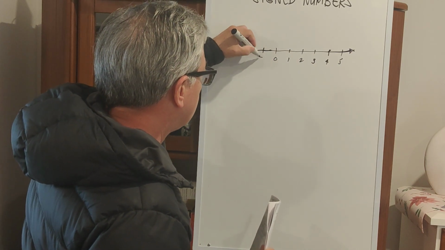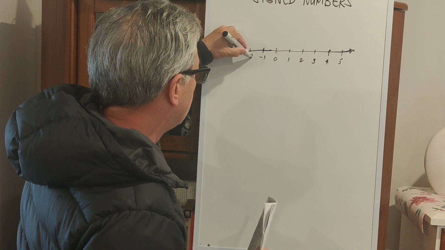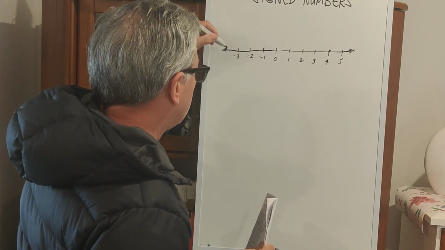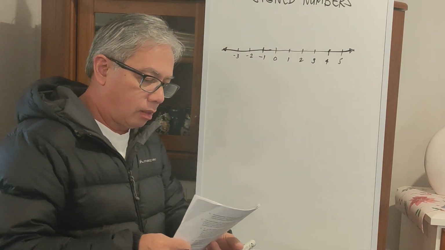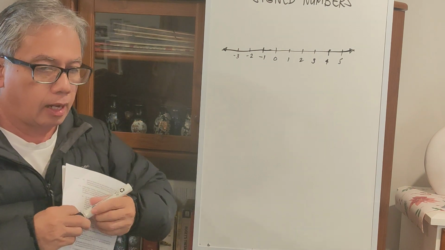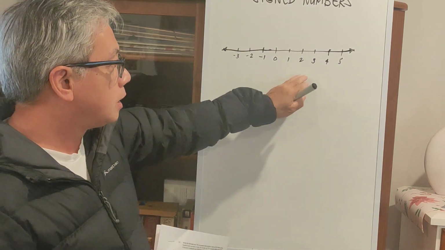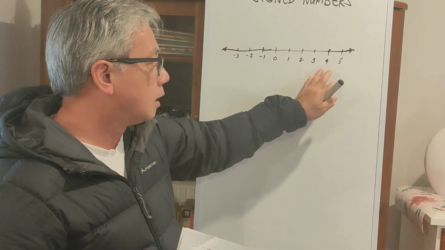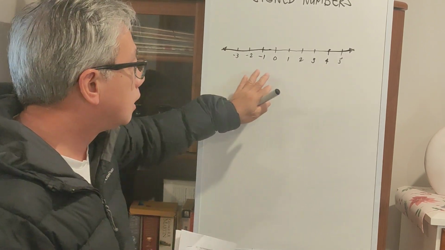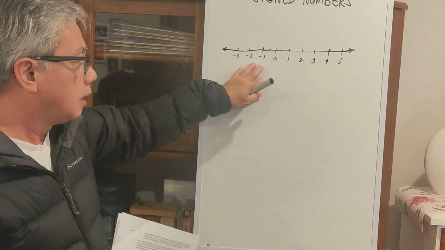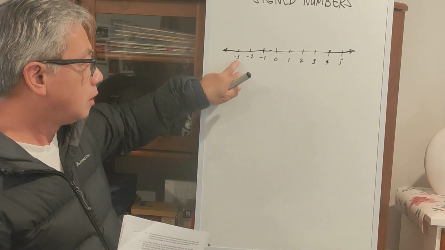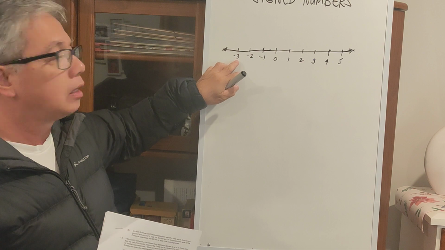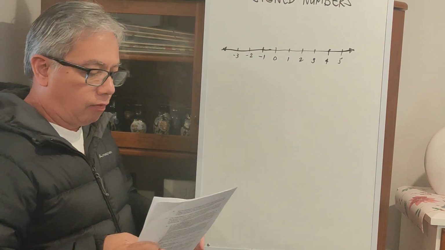So this will be -1, -2, -3. In the number line, in the positive numbers, the higher the number, the higher the value. But in negative numbers, the higher the number of the negative number, the lower the value.